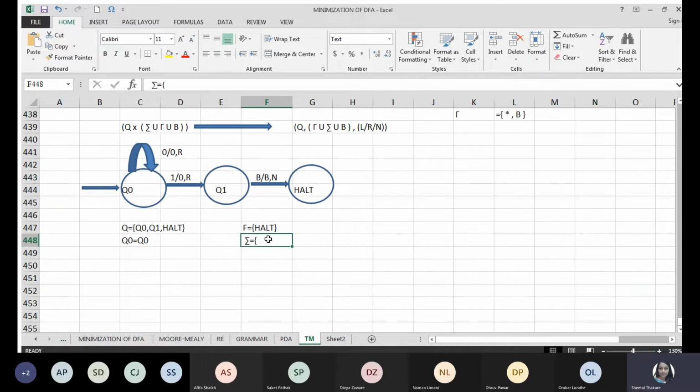Likewise. So here input symbols are 0 and 1.